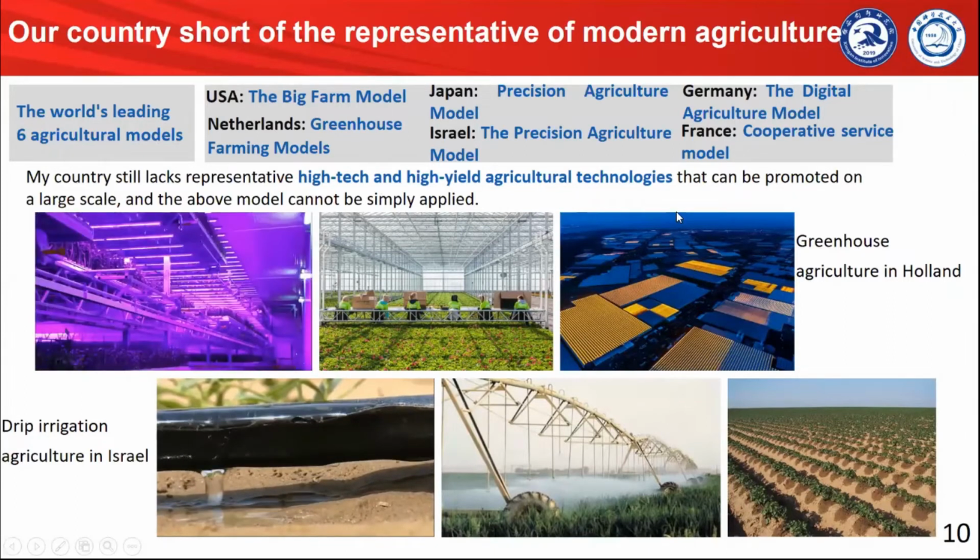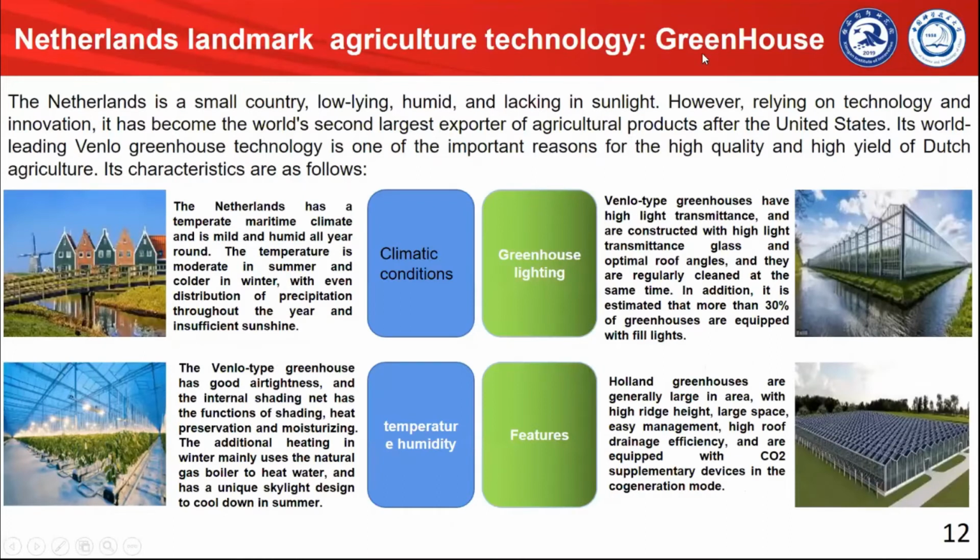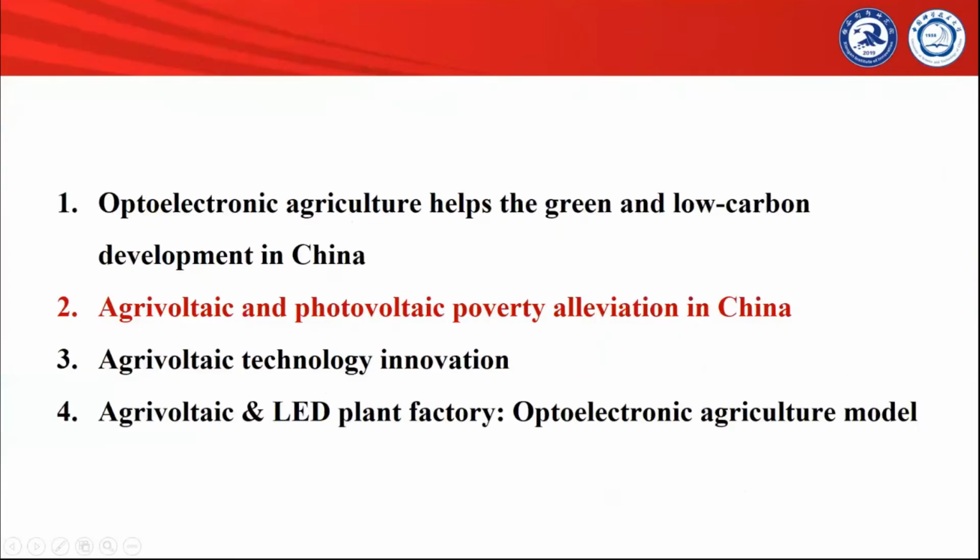Two models are more attractive for Chinese agriculture: one is Israel's drip irrigation technology, the second is the Netherlands greenhouse. But in reality, we didn't learn these two modes very well in China, and there's still not much improvement. So that's the background and motivation of what we try to solve, to make a new model.